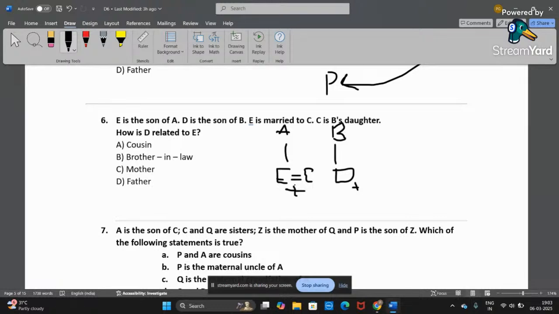If E is plus, what will C be? E is male, so C will be female. So you indicate with minus symbol. C is B's daughter. Then these both will be siblings, right? How is D related to E? The option will be brother-in-law. Now let's move on to the next one.